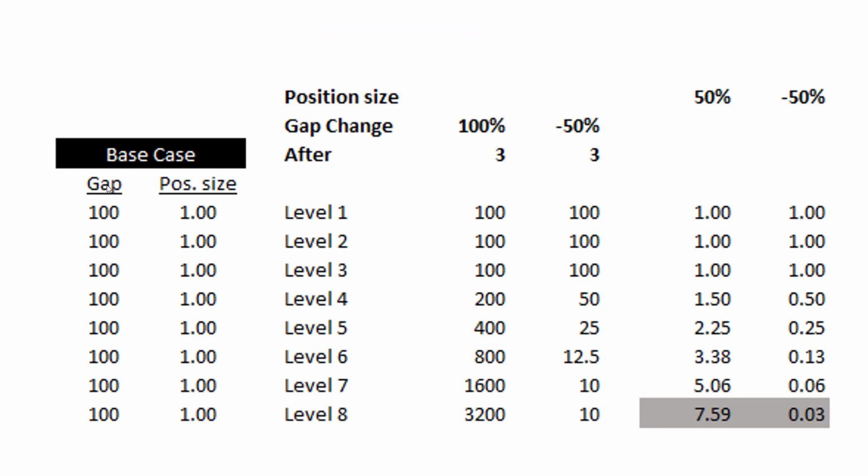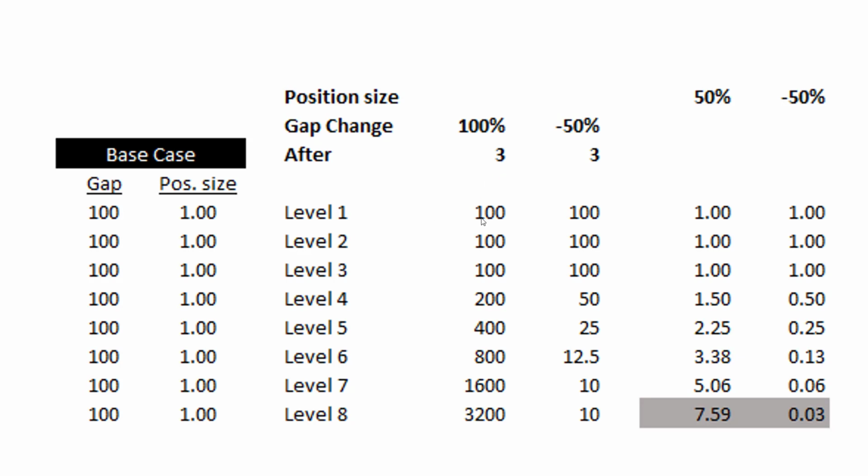So let's say the normal way of trading is we'd have constant gap sizes and constant position sizes, and I've used 100 just as an example for calculation purposes, and a main lot as a position size over there. So with these adjustments that I just showed you earlier, you can do a gap change, and let's say we want to change the gap by 100% after 3 levels.